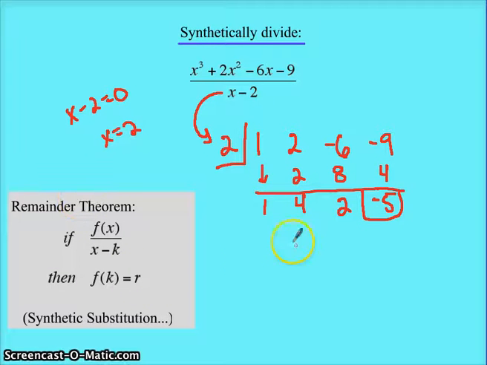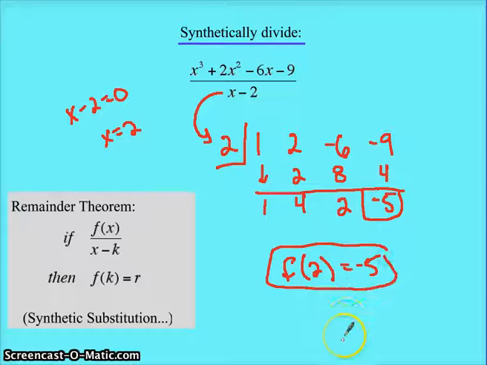However, the remainder theorem says that if we end up with negative 5, that remainder, that r, is actually equal to what f of 2 would have been equal to. And again, that's essentially what synthetic substitution said. So that's all the remainder theorem does.